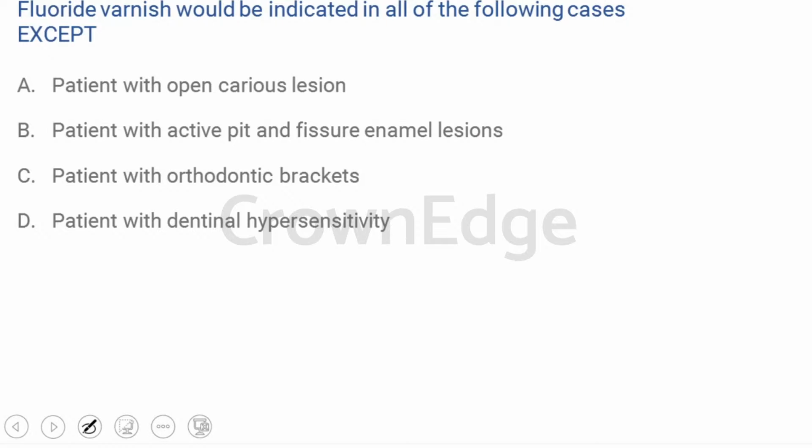However, if you apply fluoride varnish for a patient with an open carious lesion, it is not going to have any effect. It is probably going to exacerbate the condition. So fluoride varnish would not be indicated in a patient with an open carious lesion. So the answer for this particular question is option A.